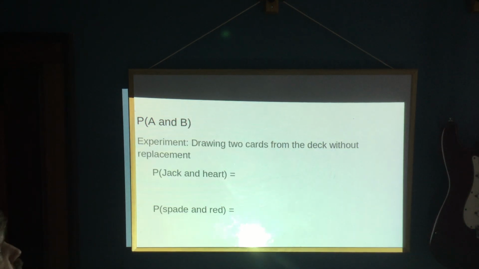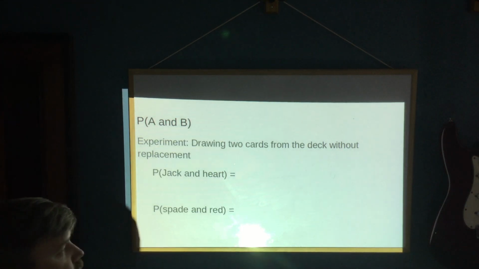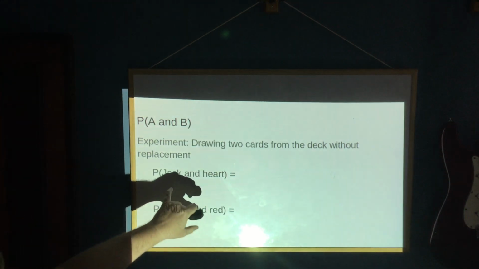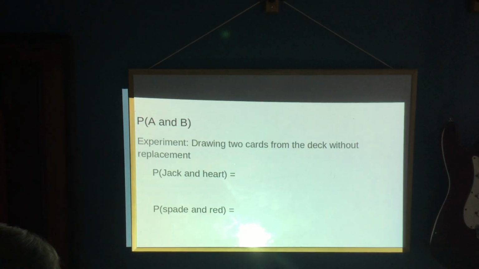So we're going to draw 2 cards from the deck, without replacement. So I'm going to draw 2 cards at the same time. I want to know the probability that I get a jack and the probability that I get a heart.